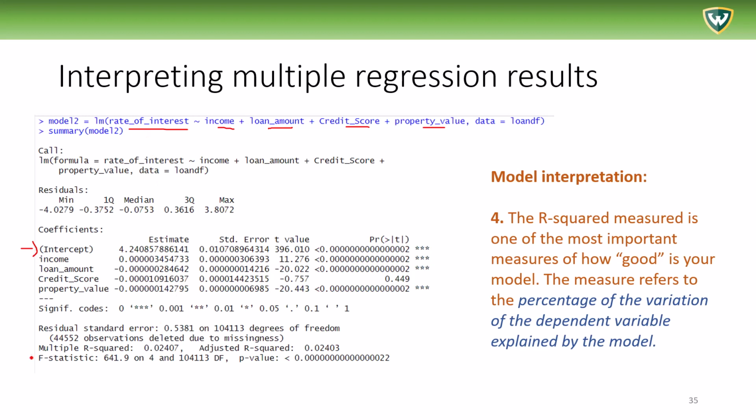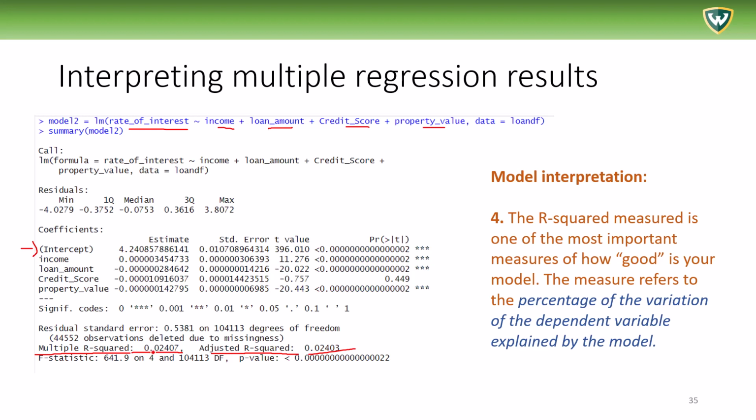So here I want to get our attention to this multiple R squared. You're going to see the multiple R squared and the adjusted R squared, and usually they're very similar. So you can use either one, but note that this is an important measure of how good this model is. That is, how well do all of these variables combined explain the variation in the interest rate? And actually this is kind of small because it's only 2%.